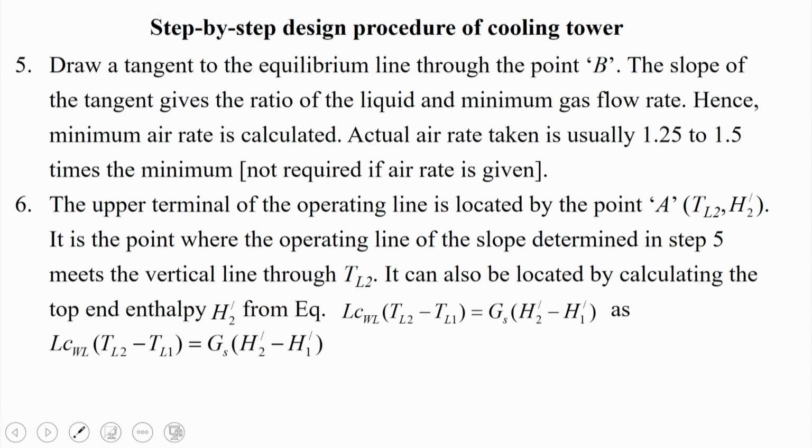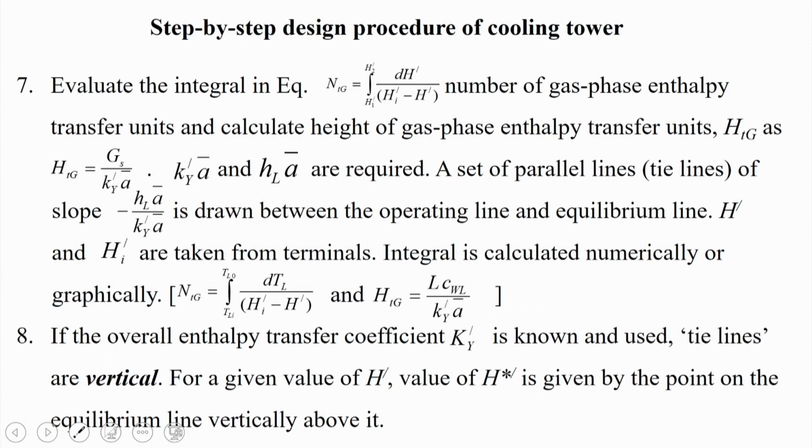Now we need to evaluate the integral, because ultimately we have to calculate NtG. That is the integral of dH by H1 prime minus H prime from H1 prime to H2 prime, which is the number of gas phase enthalpy transfer units.